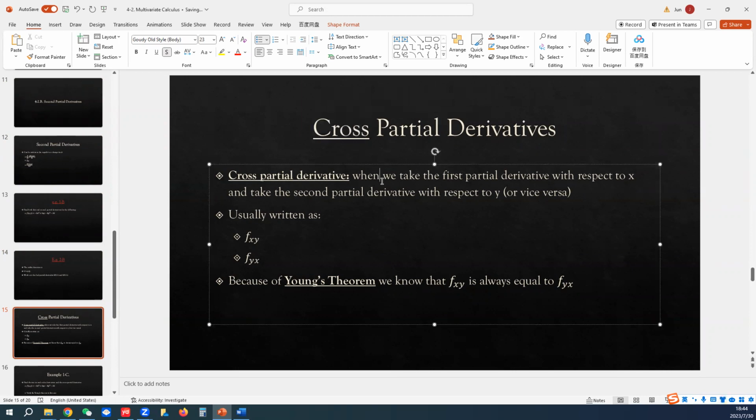That is to say, we take the first partial derivative with respect to one variable, say x, and then take the second derivative with respect to another variable, for instance, y. It is usually written as f partial on x then y, or f partial on y then x.